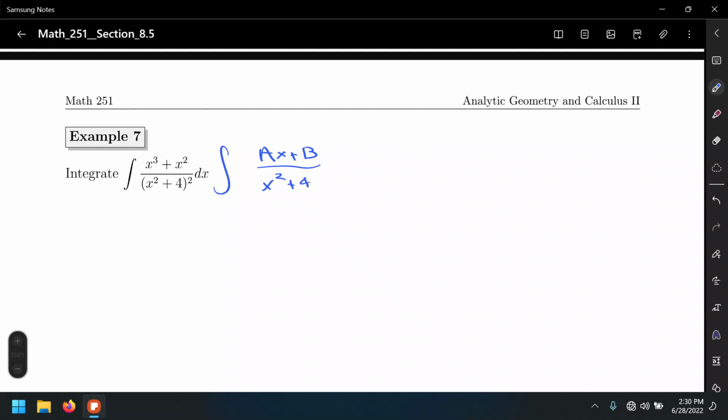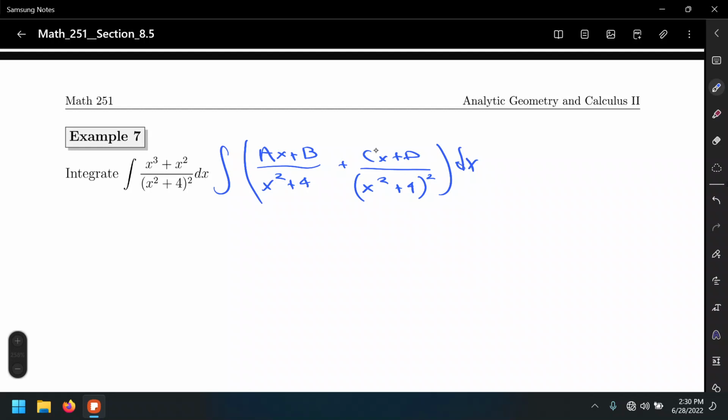But in this case, it's also repeated. So we need to write down another term. Cx plus d over x squared plus 4 quantity squared dx. All right. Okay, so let's set these two quantities together.